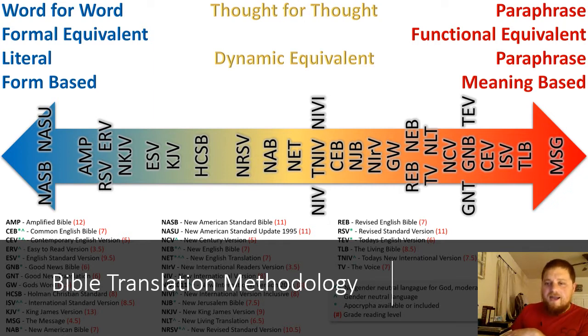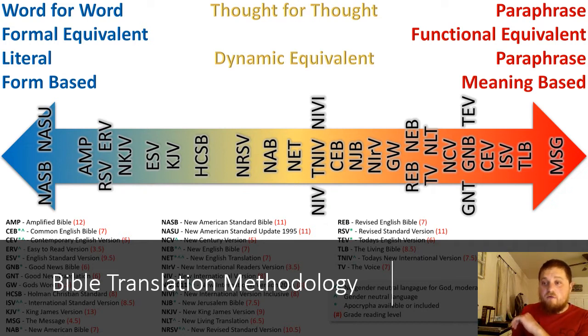So I have an old friend from around Fort Campbell, Kentucky. He actually started using the NLT. And it is a dynamic equivalent translation. It has its flaws in translation methodology or in how it's been applied, but he grew from it, and it helped him.